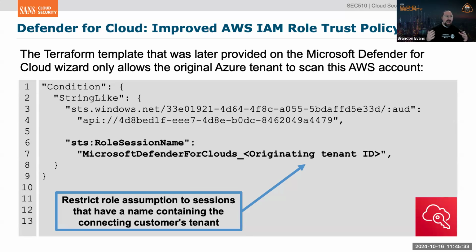Now, if you're saying, how can we regenerate the trust relationship, that would require the user to redeploy these resources on a periodic basis, which I think is quite impractical, honestly. So I would say that that is probably not something that we'd want the customer to have to do.